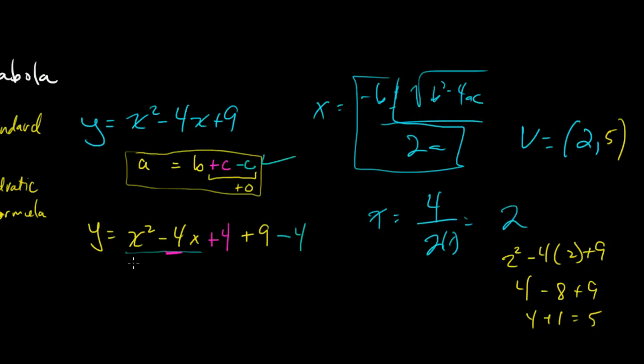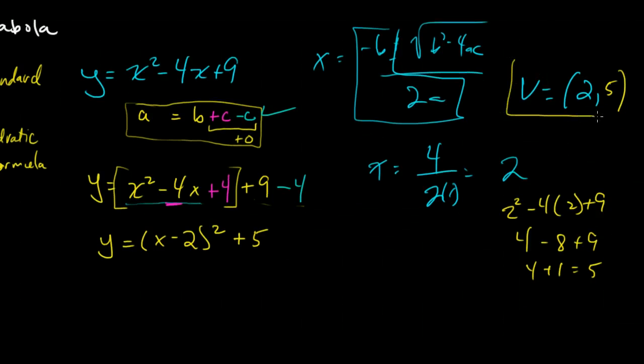So now what I have is a perfect square trinomial here, if I were to group that using my associative properties, and then a number out here. So y is equal to this number factored is x minus 2 quantity squared, and then 9 minus 4 is a positive 5. As you can see, this was the vertex I got using the quadratic formula, but now I'm in my graphing form. Let's move this back over.